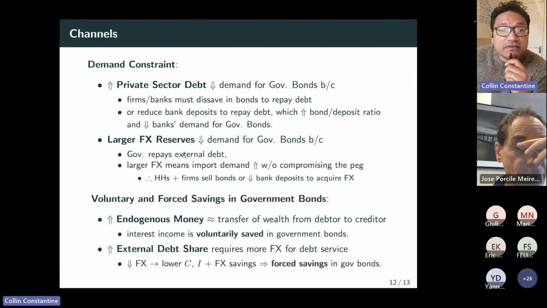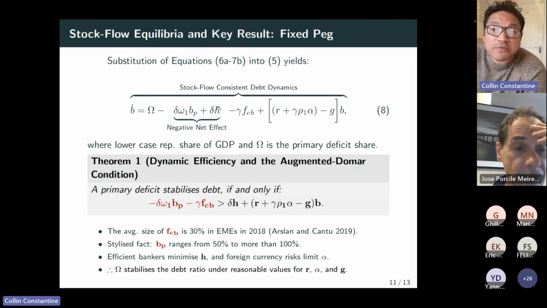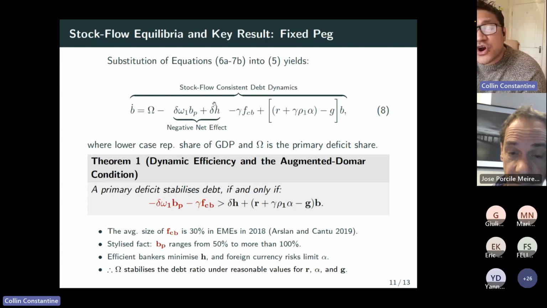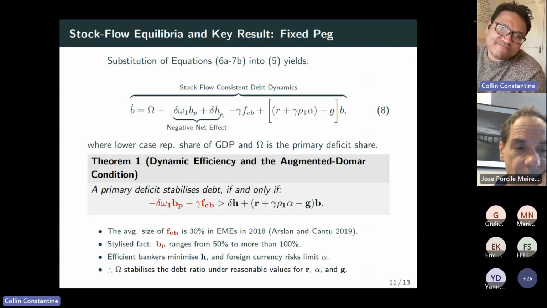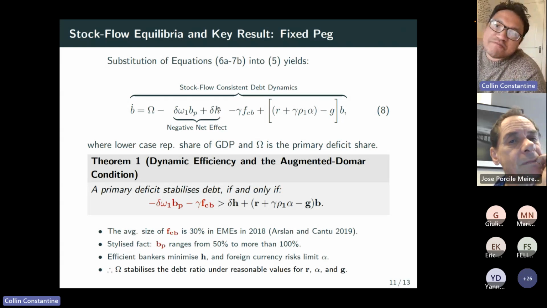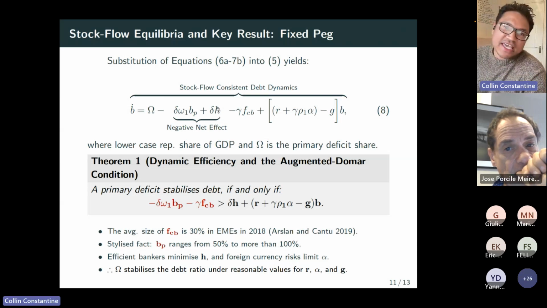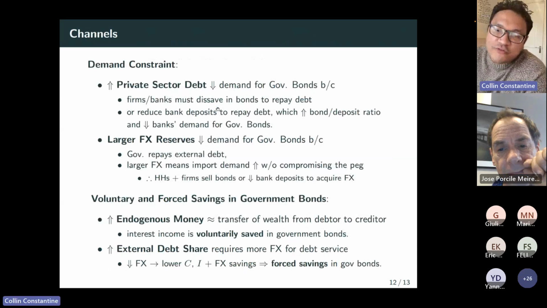So endogenous money here, the small h, high-powered money, is a share of GDP. Imagine this as a transfer of wealth from debtor to creditor. So H will only rise whenever banks extend credit. All right. So an increase in H illustrates a transfer of wealth from the borrower to the lender.